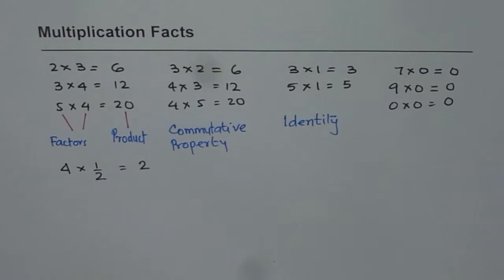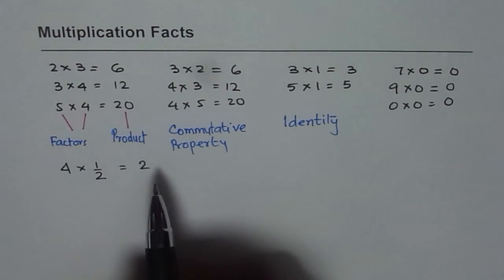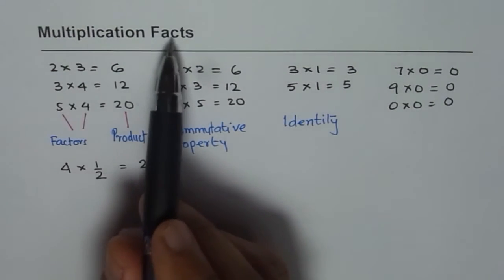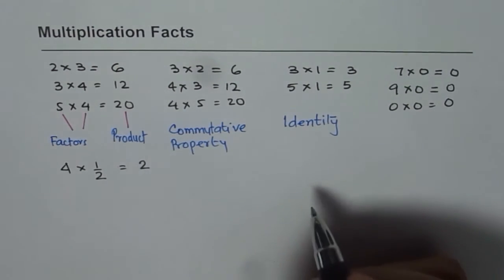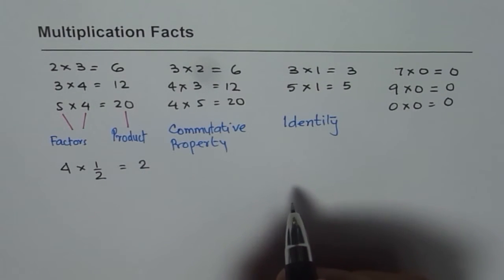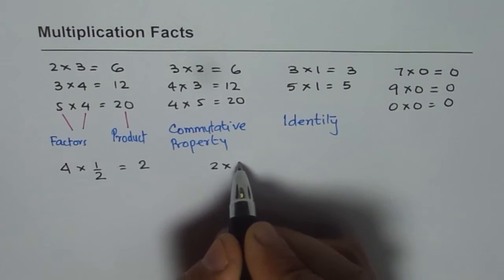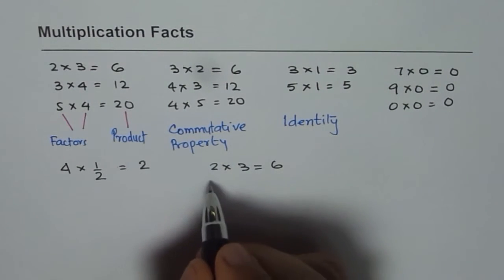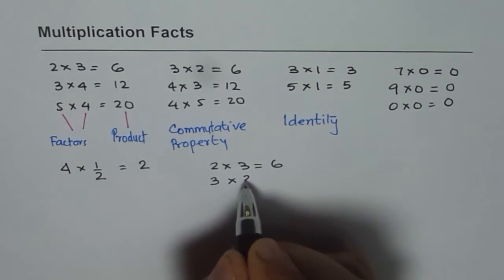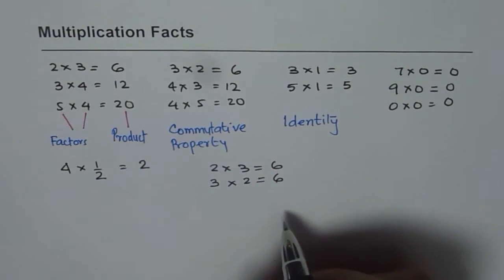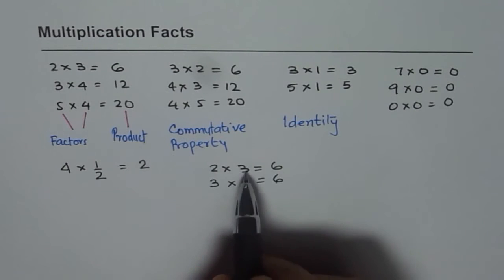Now from multiplication we will also learn division. Division is kind of multiplication. Whenever we talk about multiplication facts, let me give you 4 statements for the same thing. For example, 2 times 3 equals 6, and we have learned 3 times 2 is also 6, right? These are 2 facts we can write about the numbers 2, 3 and 6.